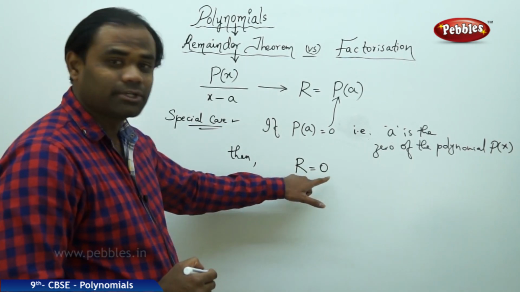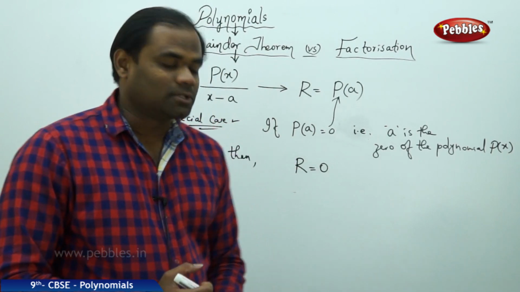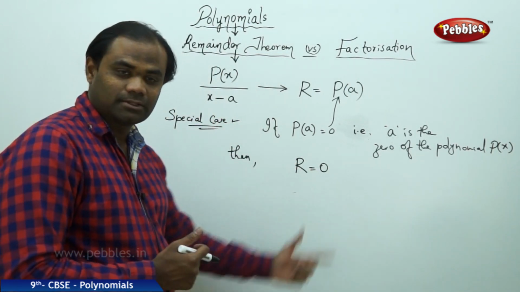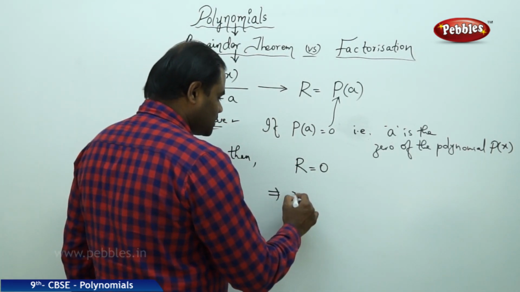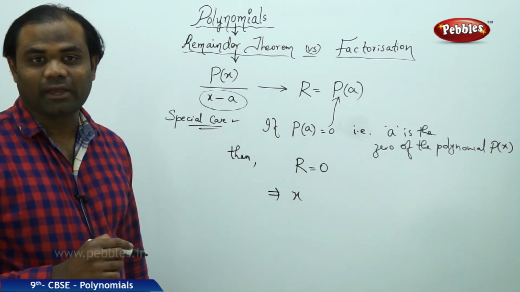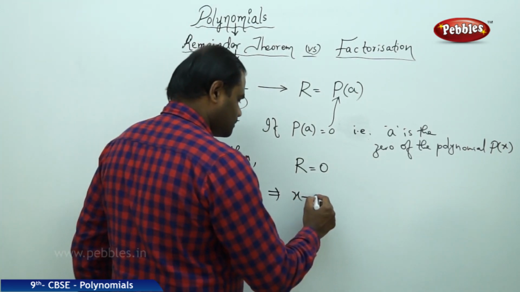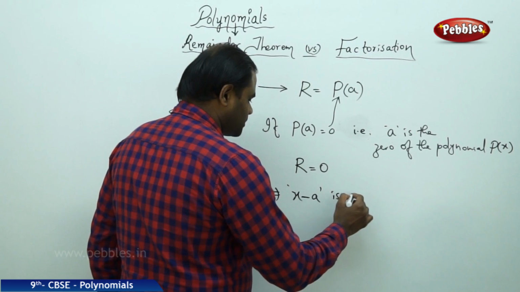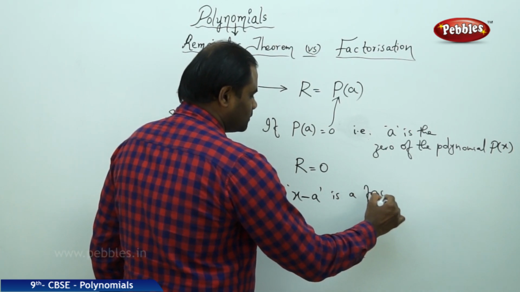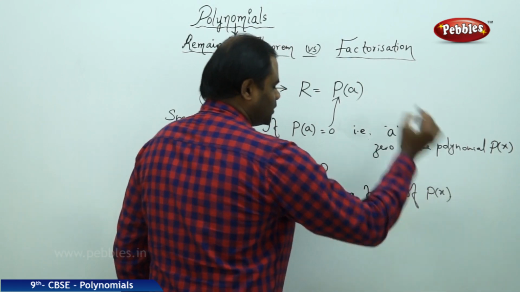And when the remainder is 0, it comes under a special case in the remainder theorem. So in the special case of the remainder theorem with remainder 0, that implies I say this x minus a is a factor of P of x. It acts as the factor of the P of x. x minus a is a factor of P of x.